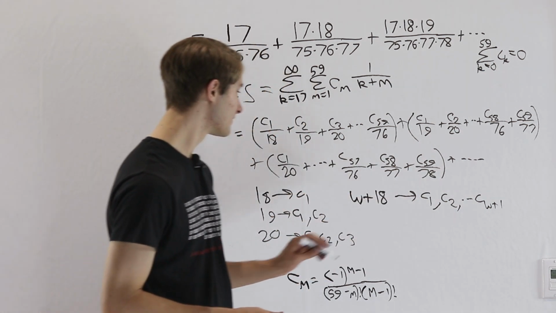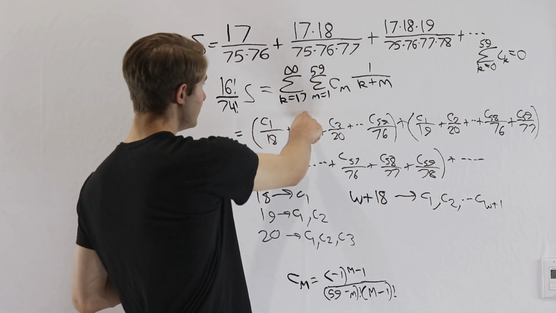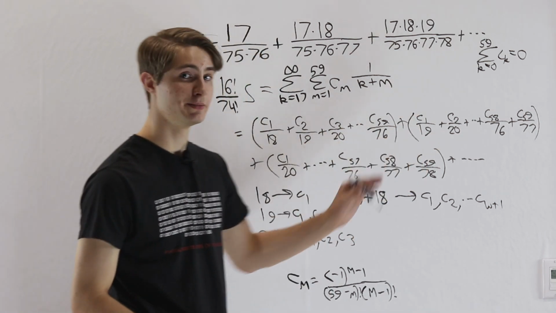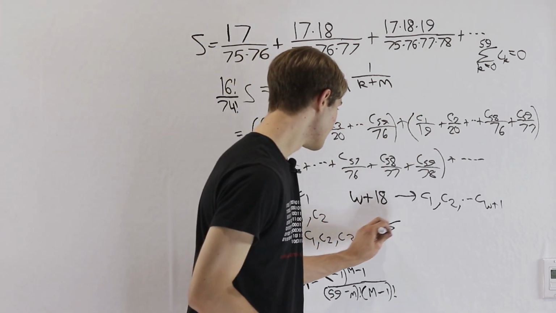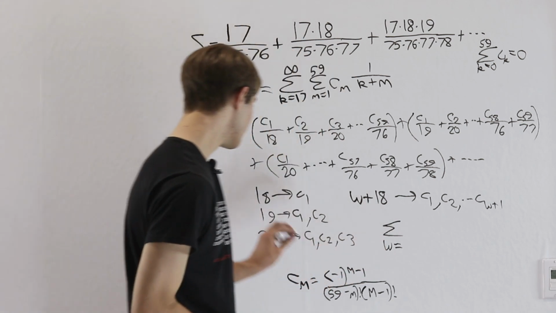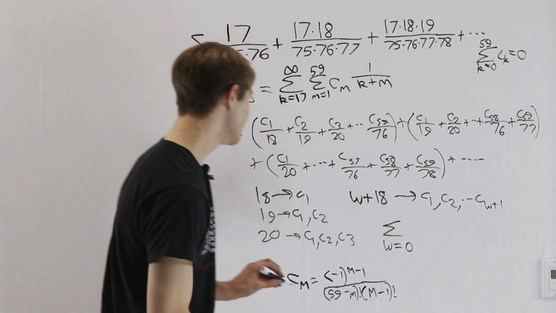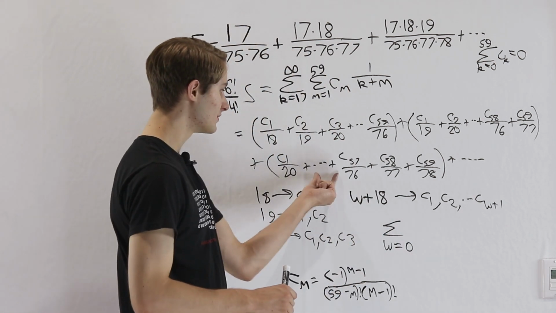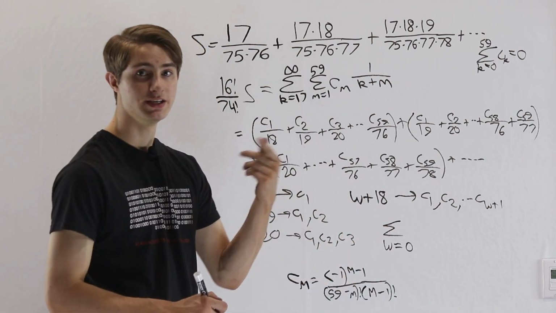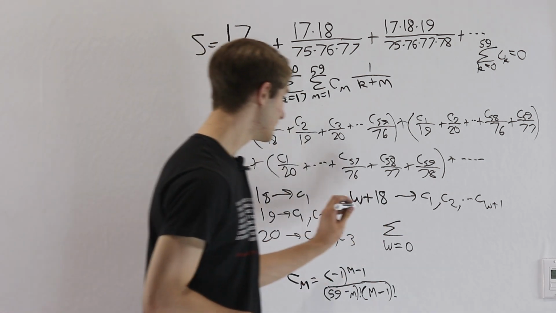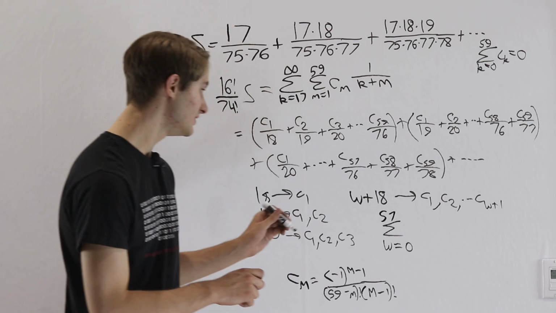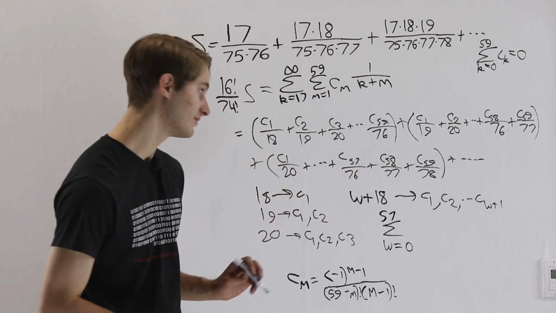So that's correct. In general, if we want to write this sum as our telescoping sum in terms of the denominators, w is going to go from 0 for 1 over 18, all the way up to whatever makes w plus 18 equal to 75, and that's going to be 57, because 57 plus 18 gives us 75.